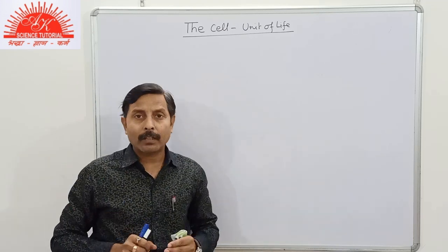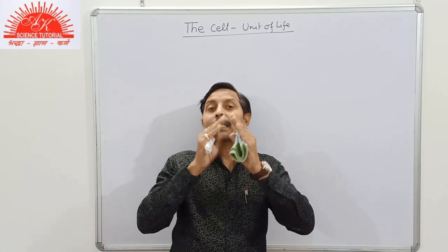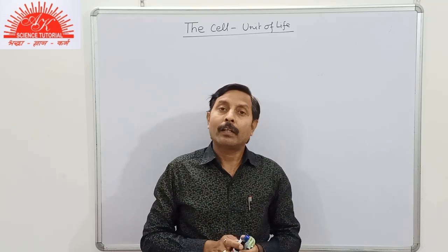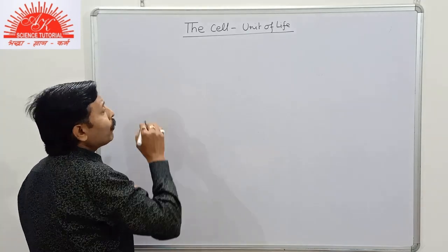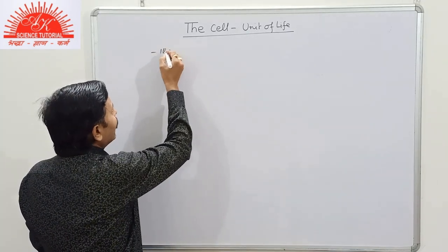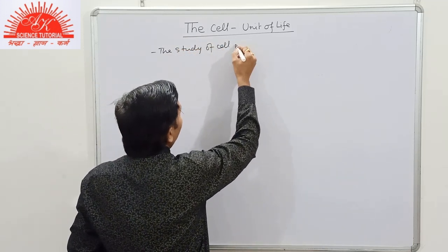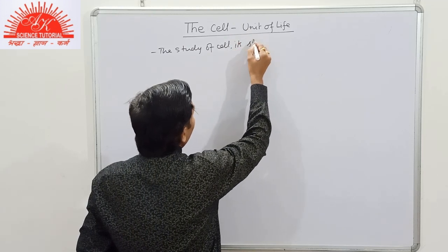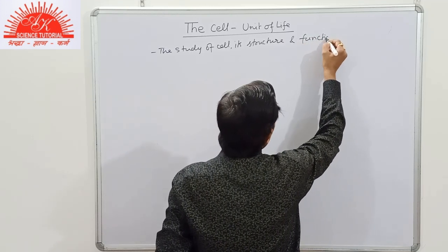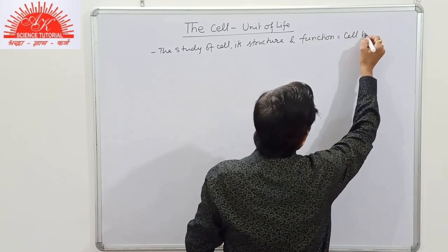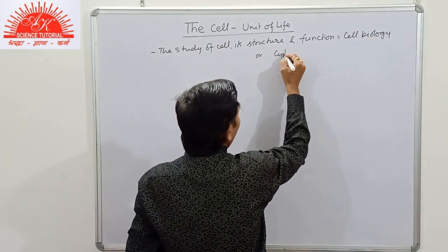Whatever may be the size of the organism, it is the number of cells that makes it small or big. Now, the study of the cell, its structure and function, is studied in cell biology, also known as cytology.